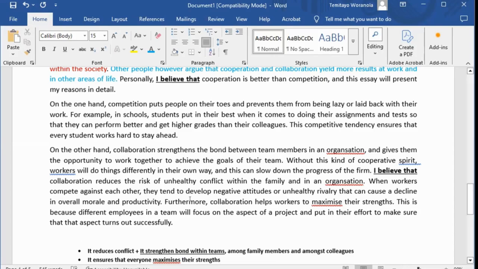So let me read that again. Furthermore, collaboration helps workers to maximize their strength. Okay? This is because different employees in a team, okay, let me add something here, are strong in different areas.